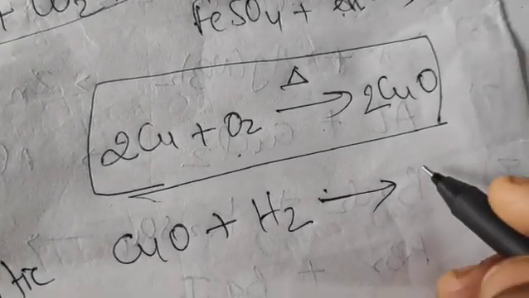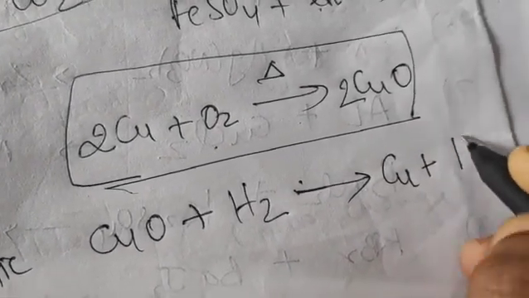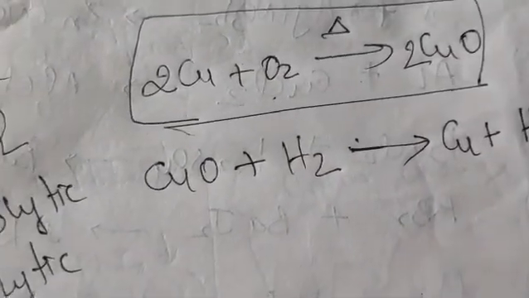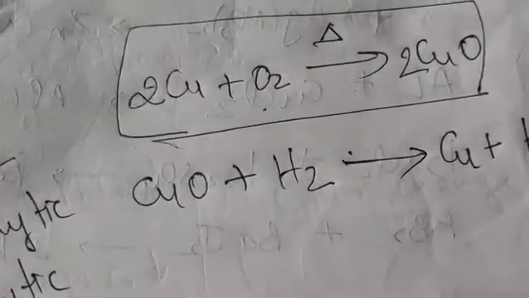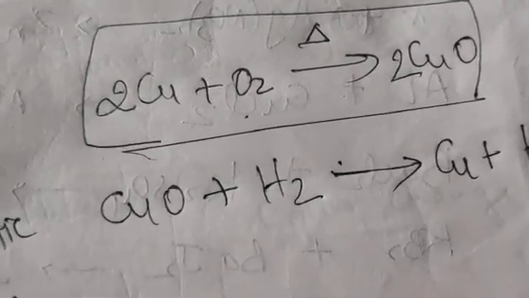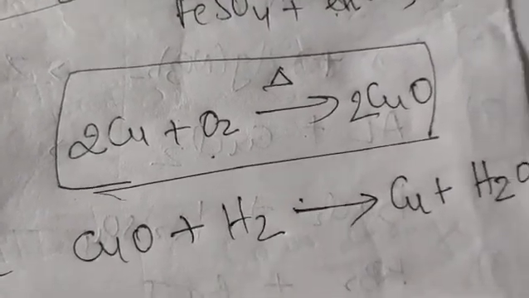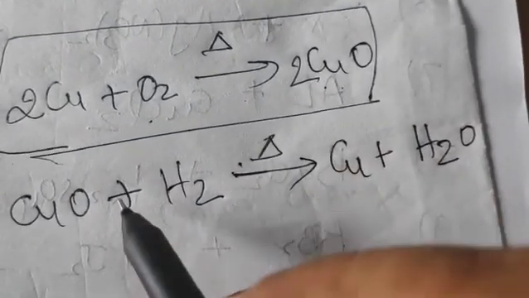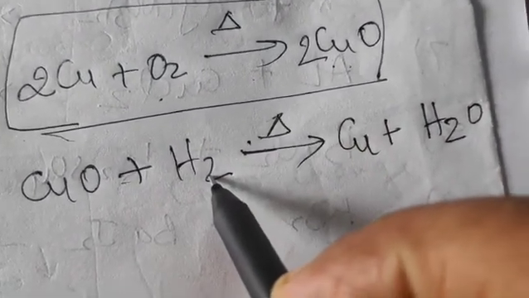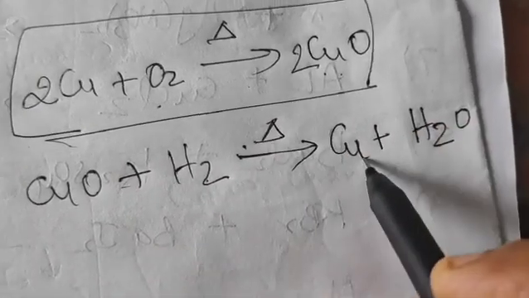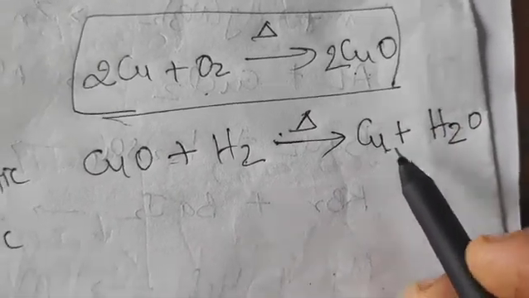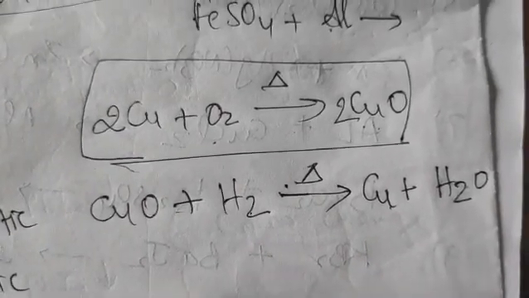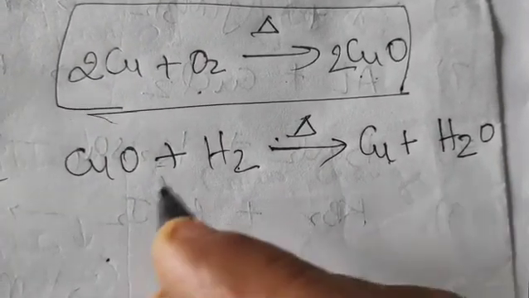You will find that you will get back the copper again, this time with the formation of water. Okay, both the times you are heating. First you heated ordinary copper with oxygen, that is in the air, so you got copper oxide. That copper oxide which you are getting, if you allow hydrogen gas to pass over it, then you will get back the copper again.